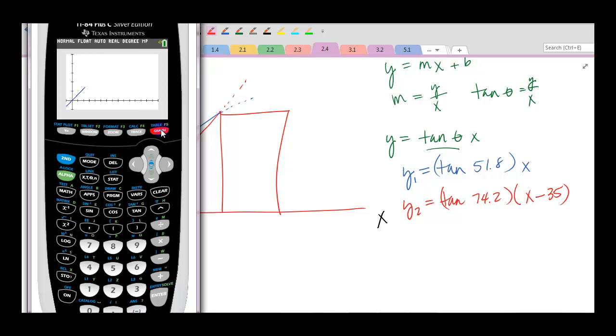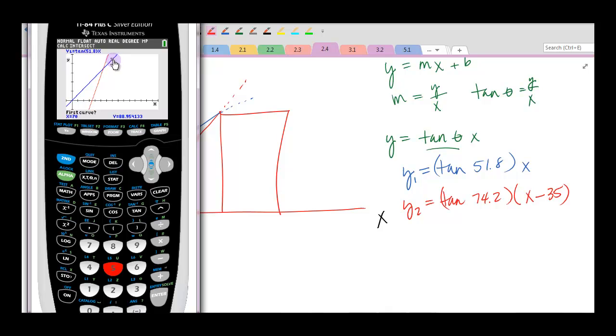So I have the blue line there, which again was my equation here. Then I have the red line here. Notice that those two lines do intersect, and so that intersection we're saying is the height of my building. So I can do second trace and find the intersection of two functions, which is number 5.